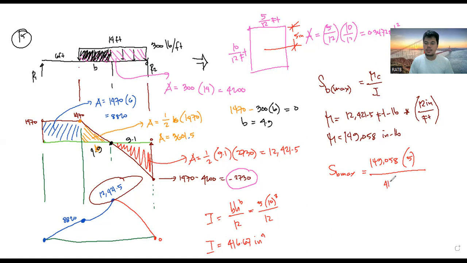So 416.67. So SB max would be equal to, so you have there 1788.68, unit in pounds per square inch.